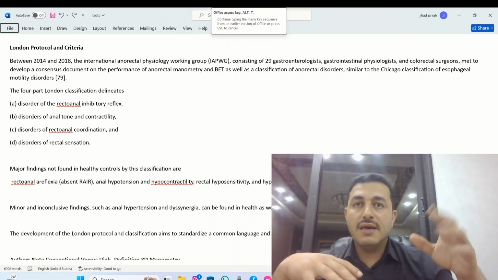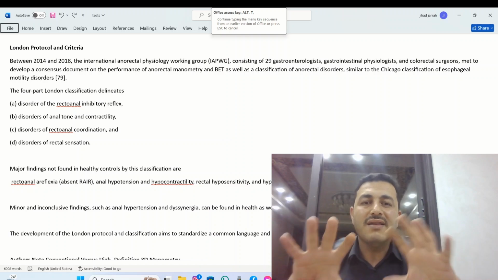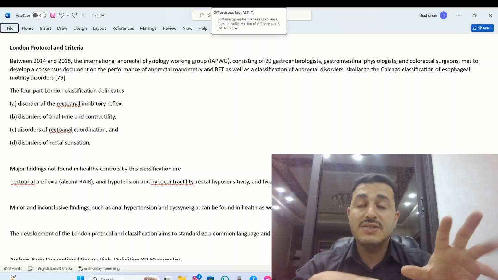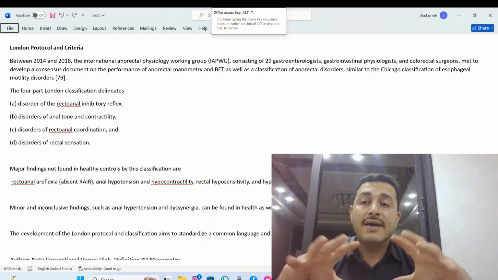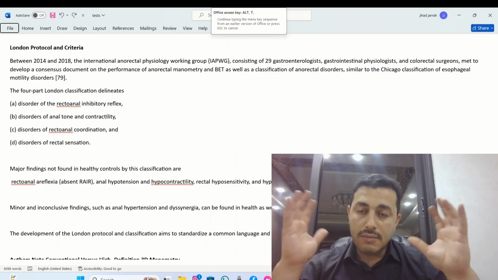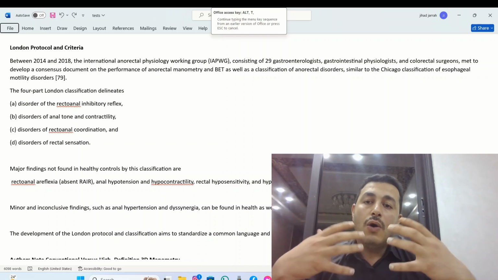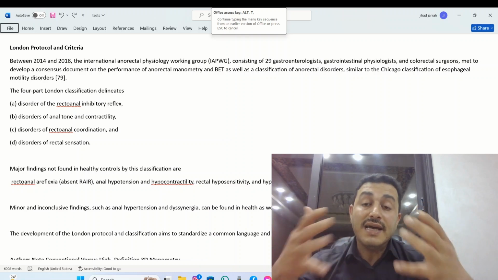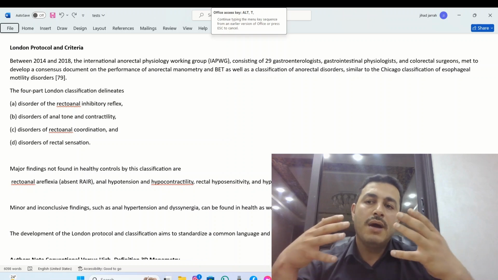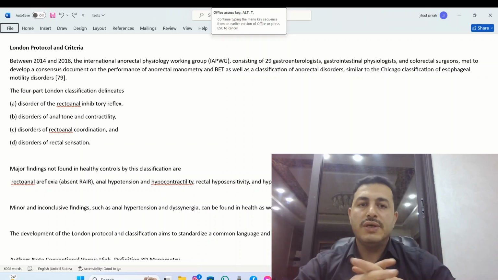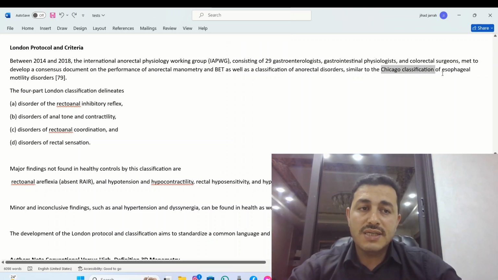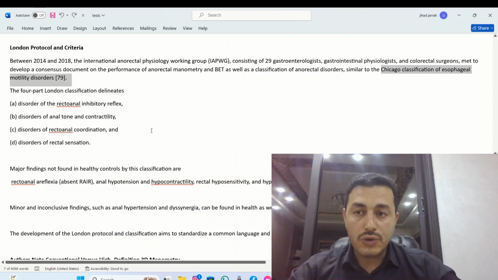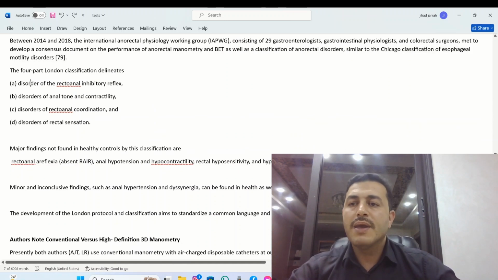The previously reviewed parameters can differ from one colorectal surgeon to another, from one gastroenterologist to another, so they try to make clear standards when we perform anal manometry, similar to the Chicago classification of esophageal motility disorders.